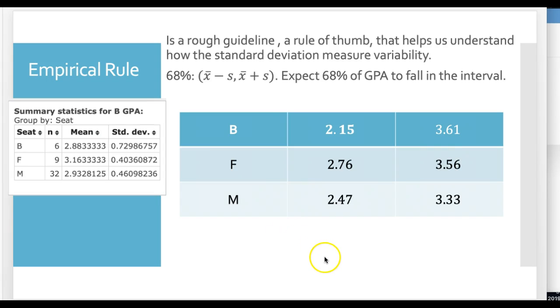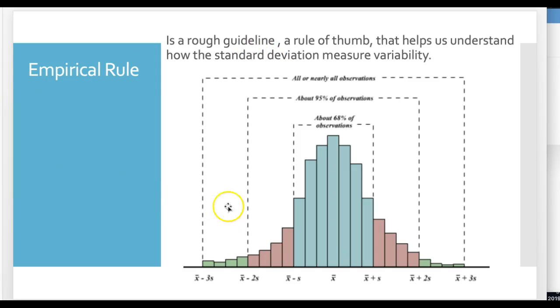If we're doing a 95% empirical rule, it's saying pretty much all the values between the sample mean minus 2 times the standard deviation and the sample mean plus 2 times the standard deviation are what we should expect to see, because 95% of our observations should fall in here.